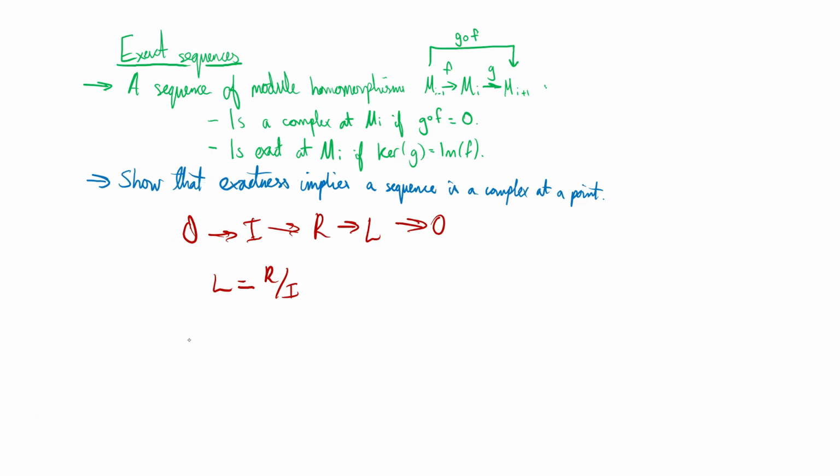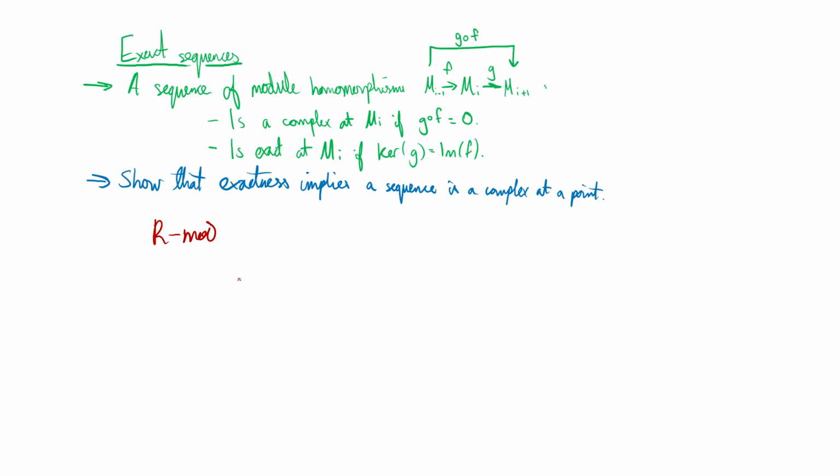And if you have a 0 object, then you have kernels and images, but you don't always in every category. This is why abelian categories were thought up. But the category of modules over a ring has to be an abelian category.